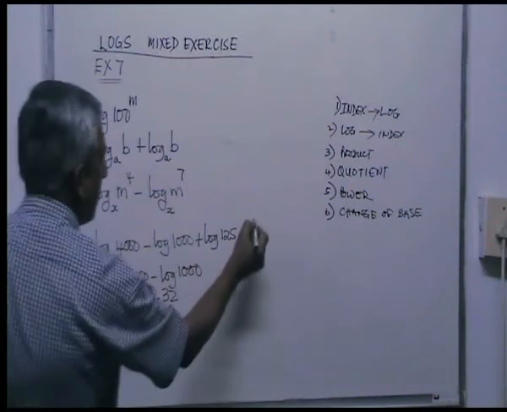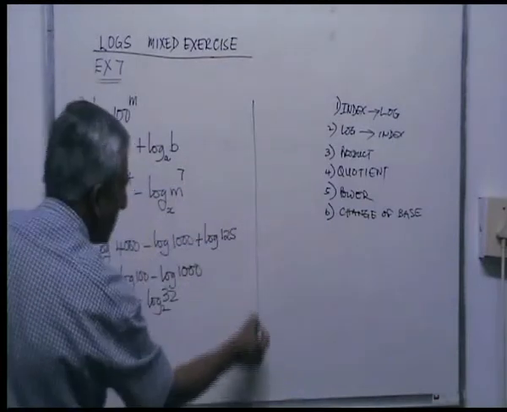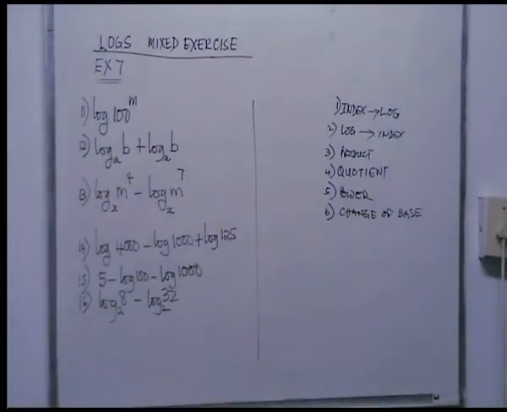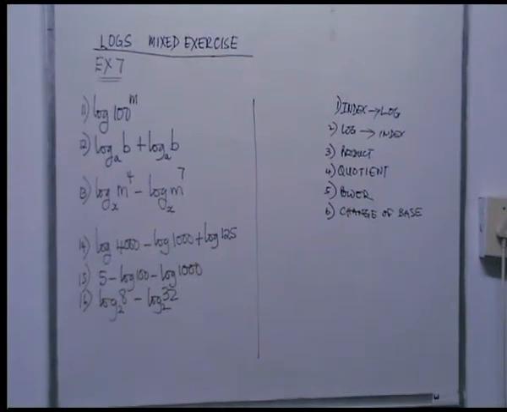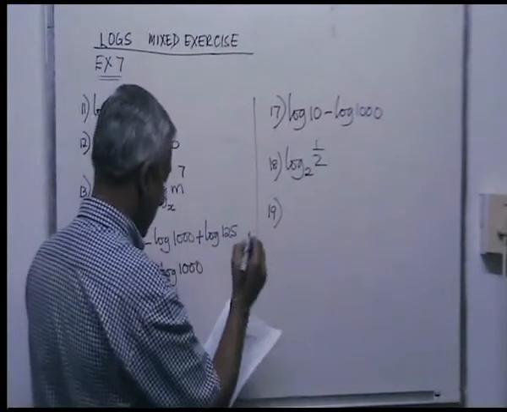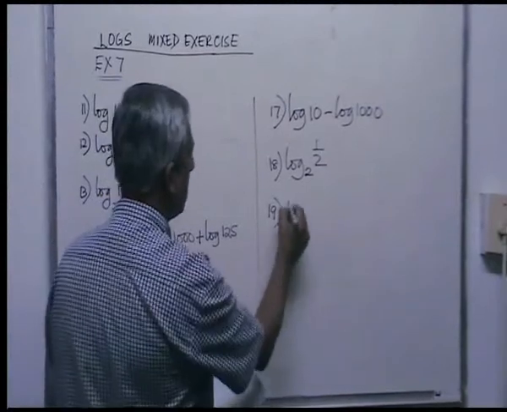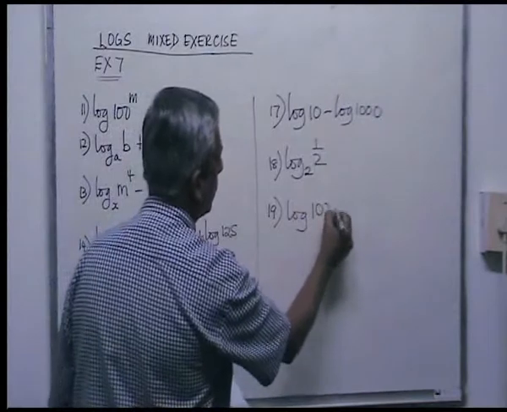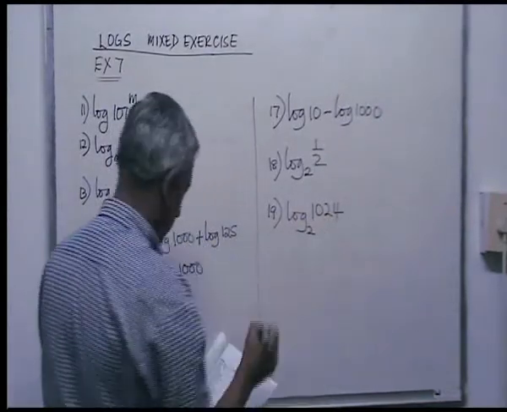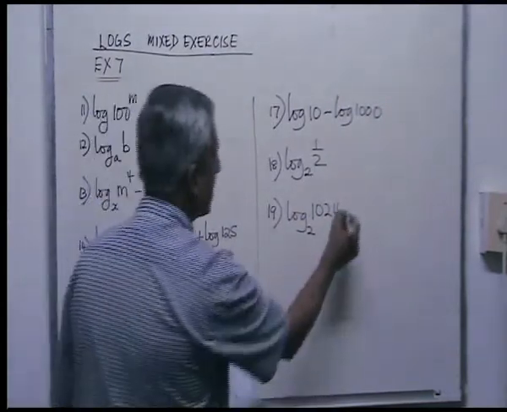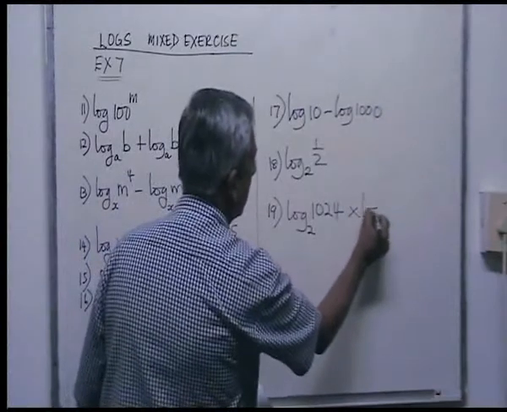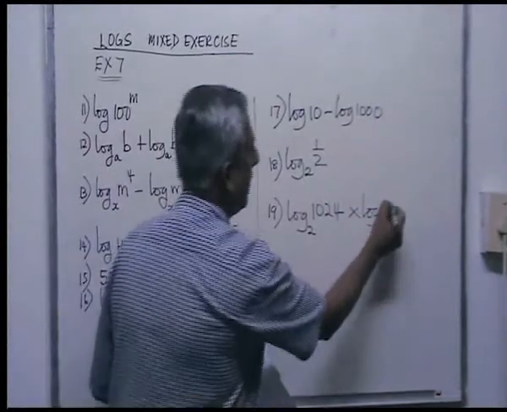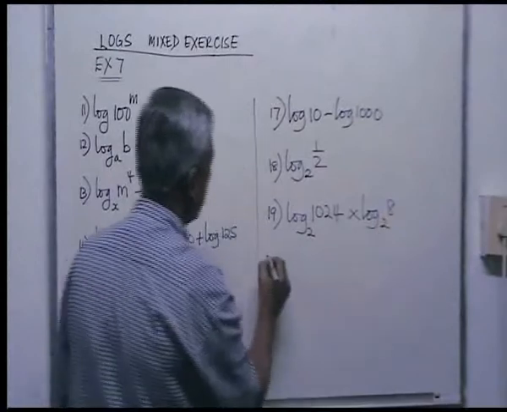And I think I'll put number 17 to 20 on the other side there. Number 19, you've got log of 1024 to the base 2 times log 8 to the base 2.